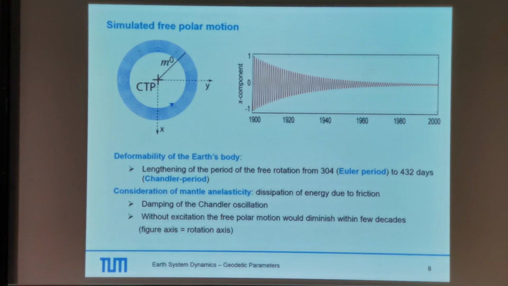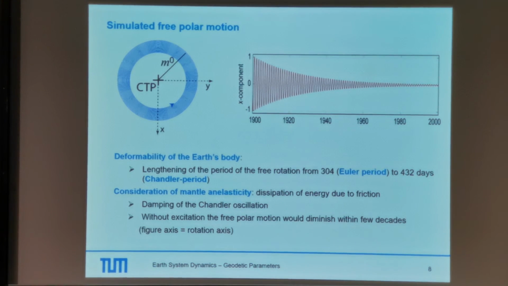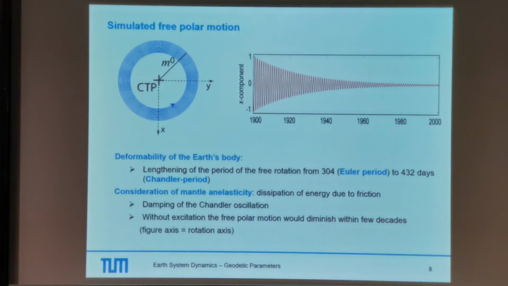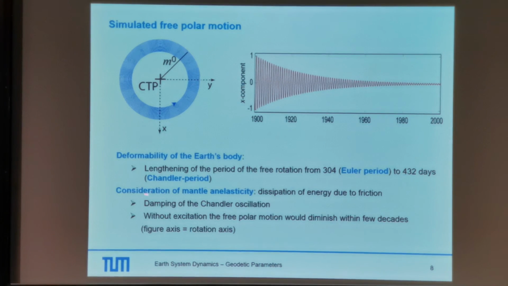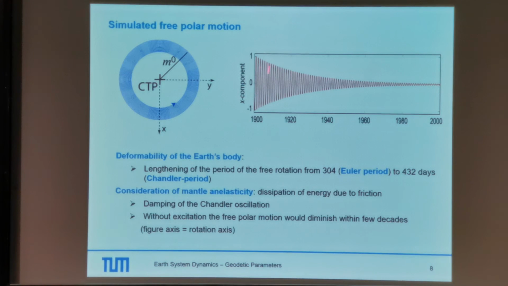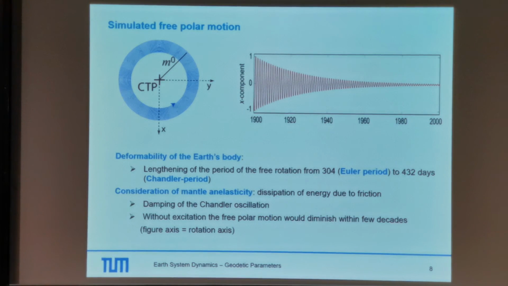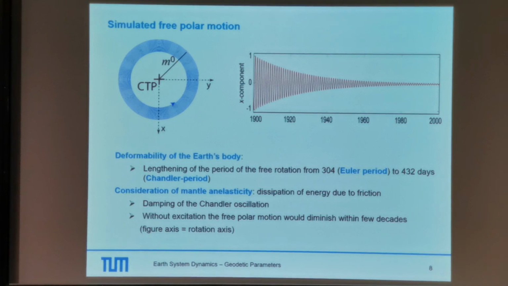This is simply due to the dissipation of energy caused by friction. And that's why our polar motion is damped with time. So we are not in a friction-free world due to the Earth deformation and the consideration of this mantle unelasticity. This amplitude is damped, and over 100 years, polar motion would totally vanish.